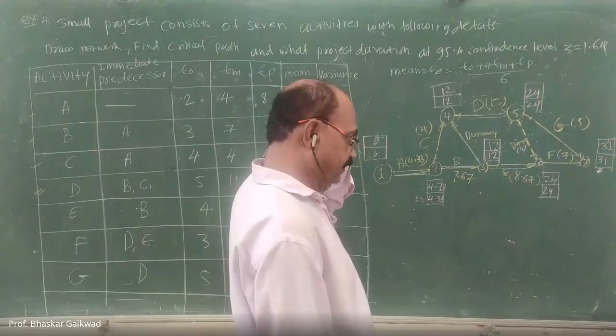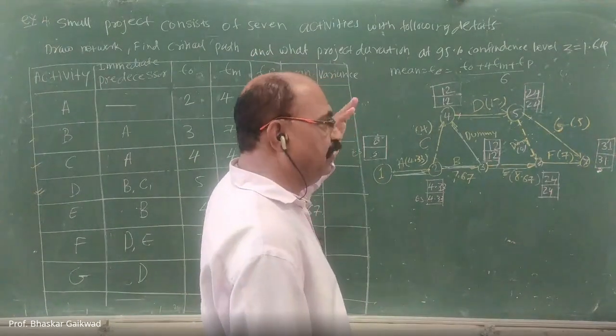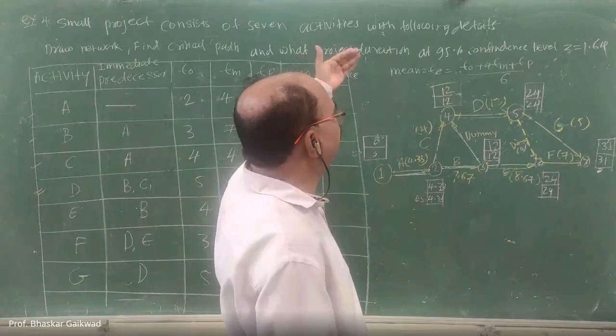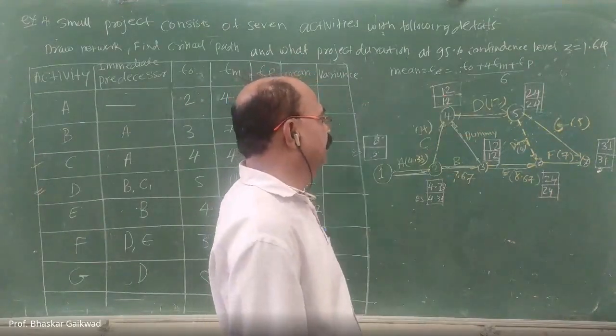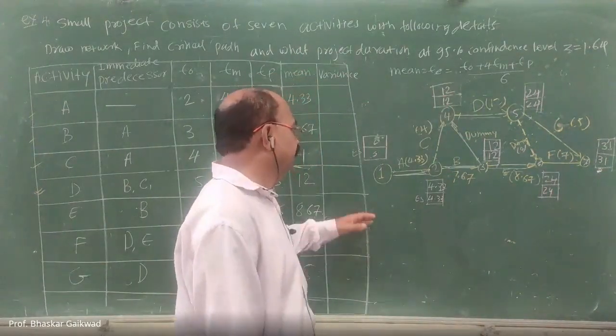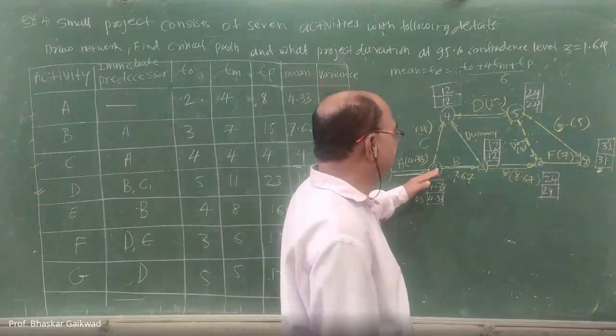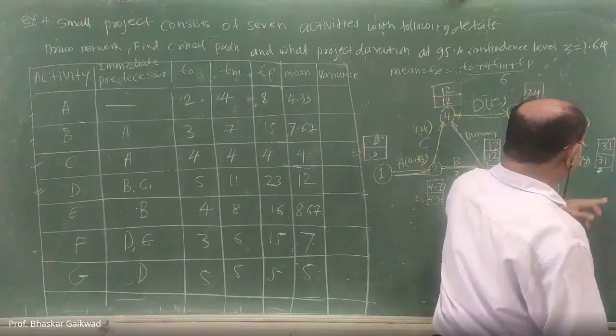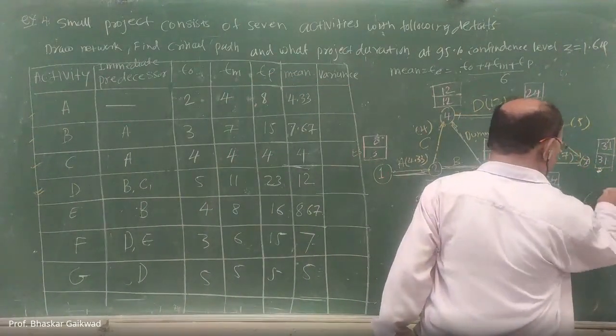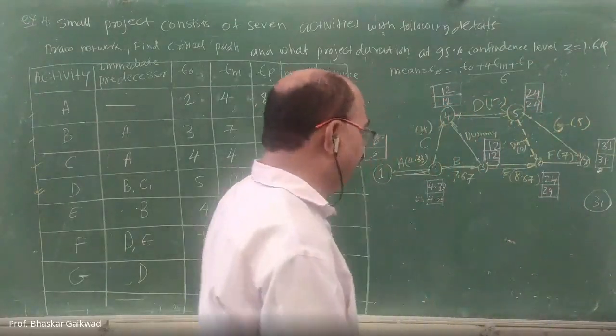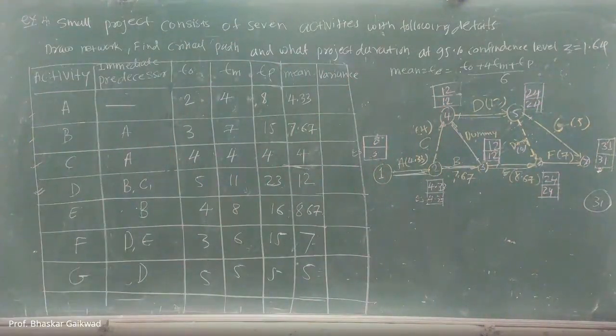Very simple: critical path means the longest duration required for this project. So what is the longest duration that you have to calculate? 31. Correct. So 31 is the longest duration.